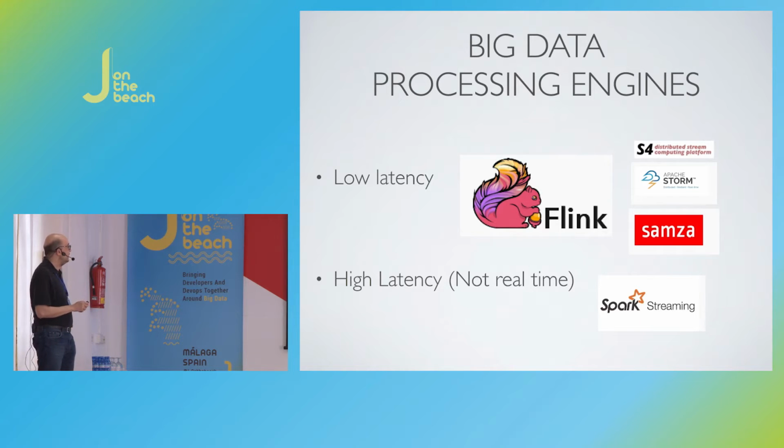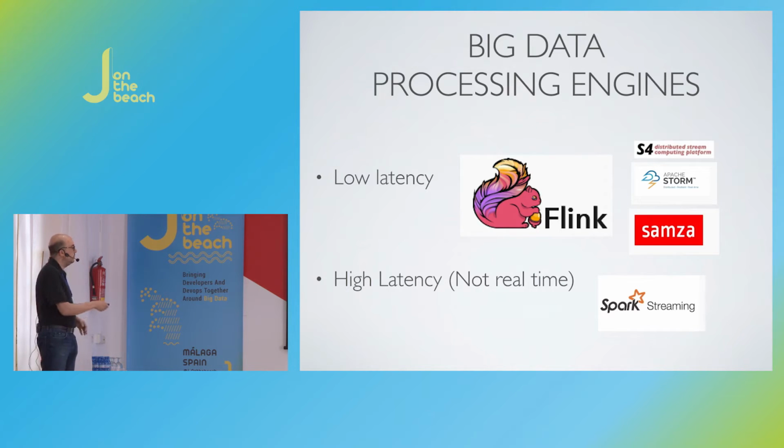I think the main difference is that Spark Streaming is a batch engine that is able to do near real-time processing, but Flink is a stream engine that is able to do batch. Let me try to explain this. Flink works one instance by one instance, and Spark Streaming works with batches of instances.